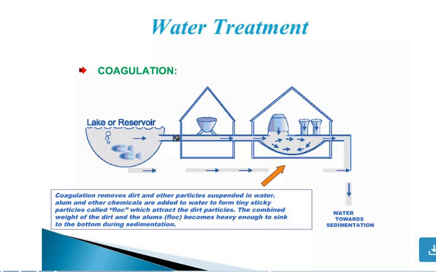Alum and other chemicals are added to water to form tiny sticky particles called floc, which attract the dirt particles. The combined weight of the dirt and the alum floc becomes heavy enough to sink to the bottom during sedimentation.